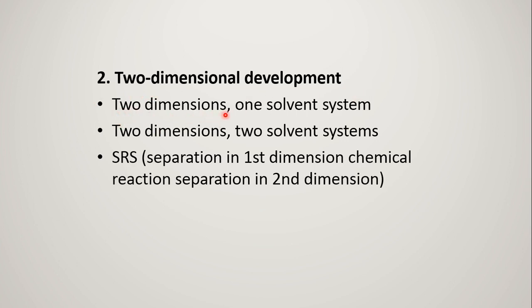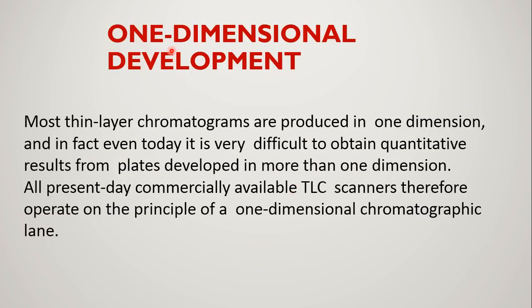These two dimensional developments can be done using one solvent system or by using two solvent systems. So first we see one dimensional development. Whatever we have seen in these 3-4 lectures of TLC, there we only considered one dimensional development.